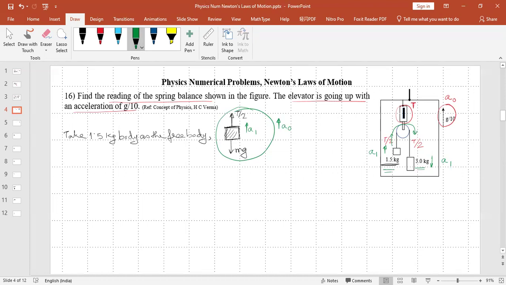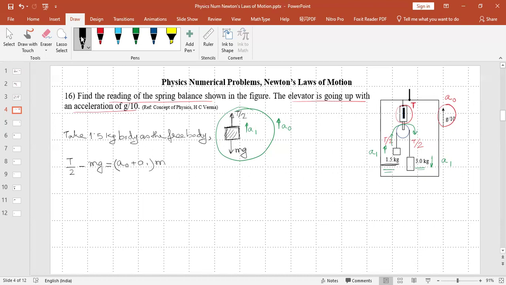So if we write the force equations of the laws of motion for these, the force equation is T by 2, because it is going upward, T by 2 minus the downward force mg, where m is 1.5, is equal to, it has two accelerations upward, A0 plus A1, multiplied by m, where m is 1.5.